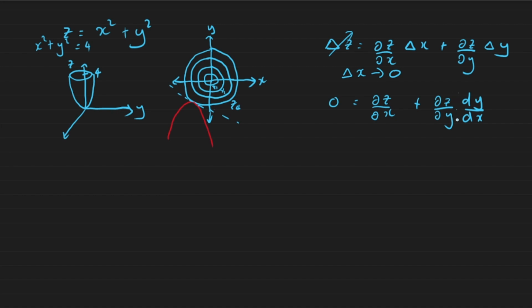The next step is to make dy dx the subject of the formula. What we're left with is dz dx divided by dz dy. You might be wondering what the point of this is and where this is heading. Well, you'll see it in just a minute, how this manifests in a technique that will enable us to solve this optimization problem.